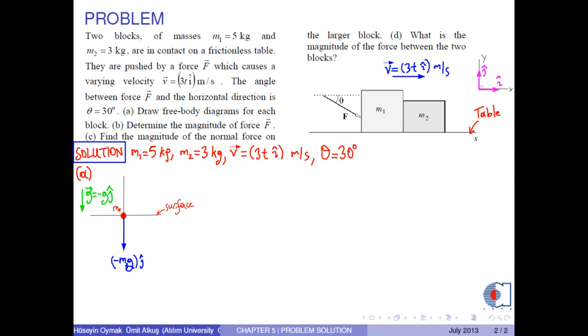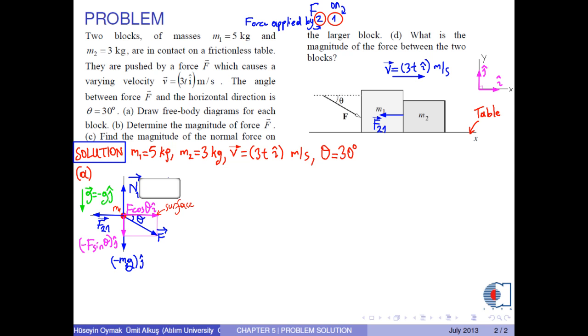And due to the surface, the normal force on the block is also drawn. The external force F on the block has the x and y components like this. Finally, the reaction force applied by mass M2 on mass M1, denoted by F21, is drawn like this.